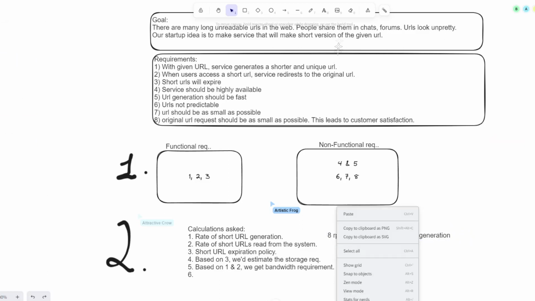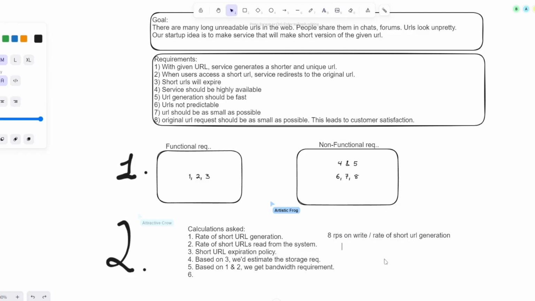I can give you the ratio about read-write. Read-write ratio.